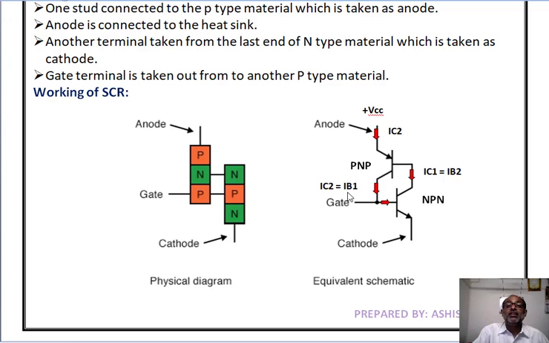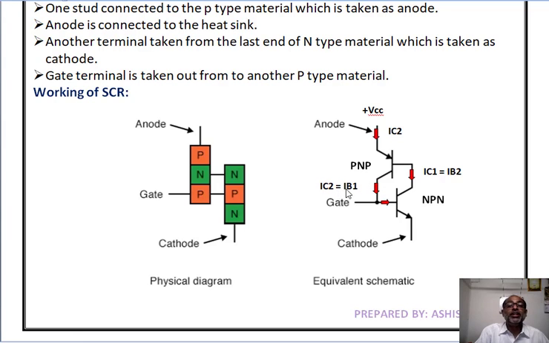And the collector current IC1 is nothing but the base current IB2 of transistor T2. So due to this IB2, the collector current IC2 starts to flow through transistor T2.